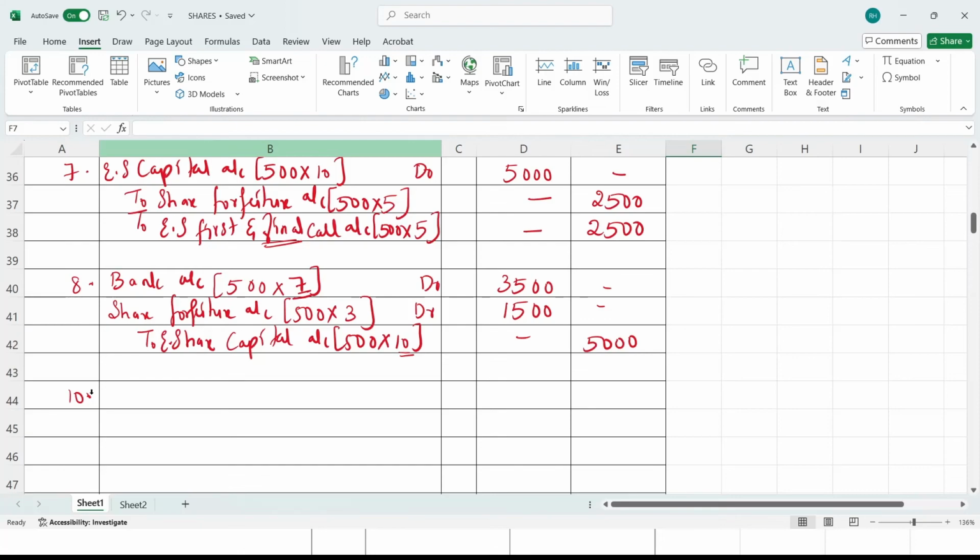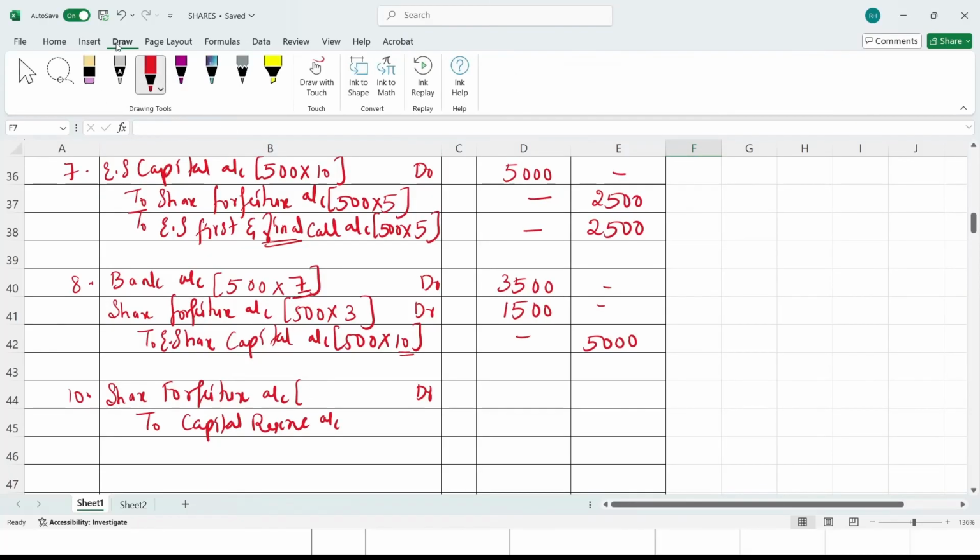Ma'am, where will that profit be? That profit will be there in this share forfeiture. So what is the entry for transferring? Share forfeiture account debited to capital reserve account. Amount, ma'am. See here, you can see the forfeiture here.